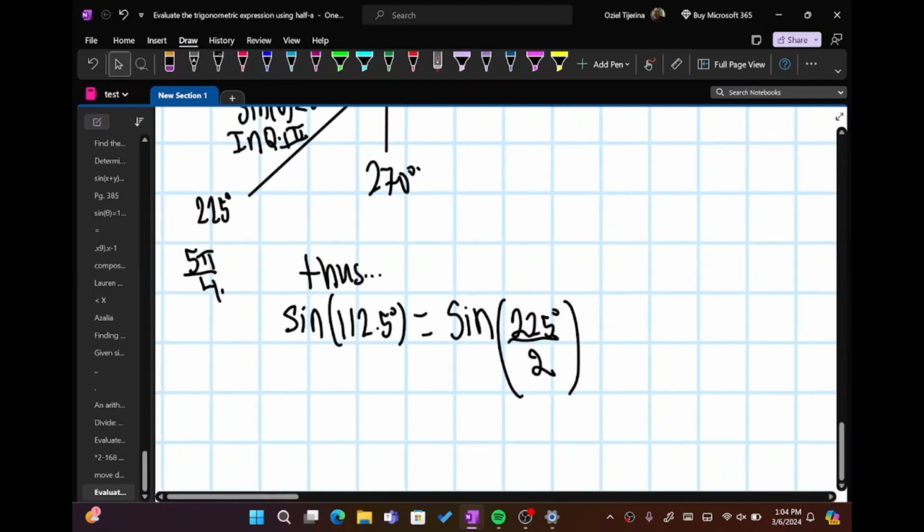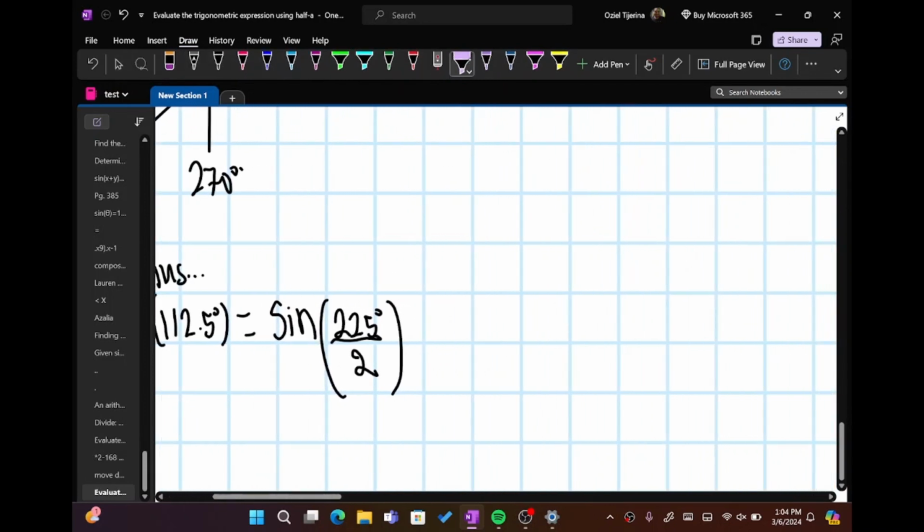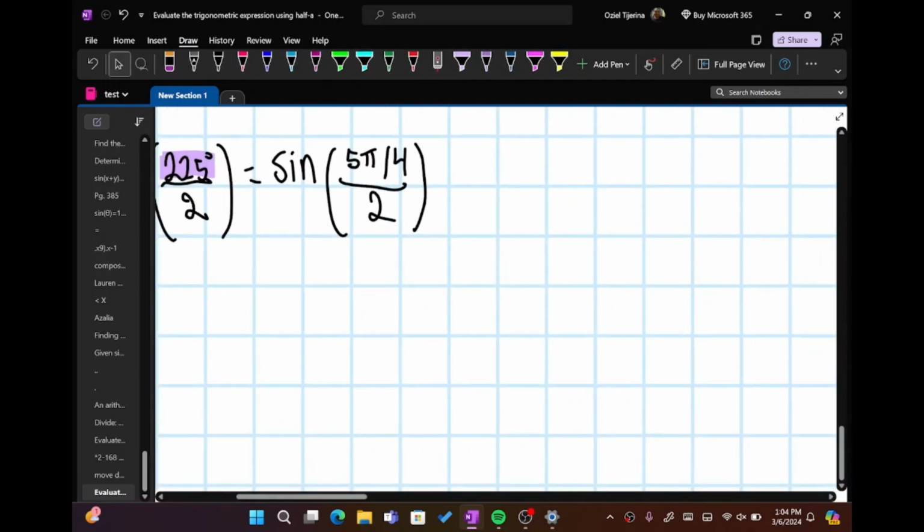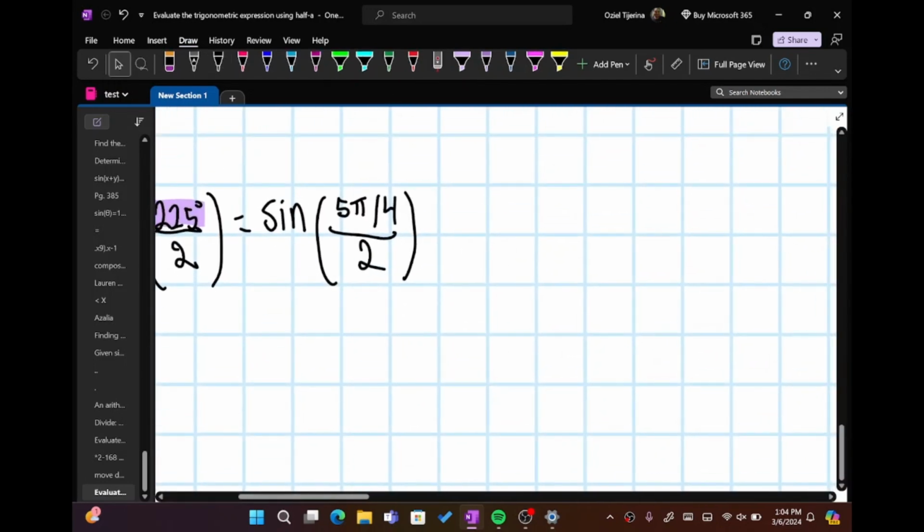And we know that 225 degrees is 5 pi over 4. So this equals the sine of 5 pi over 4 over 2, and we know that theta is 5 pi over 4.